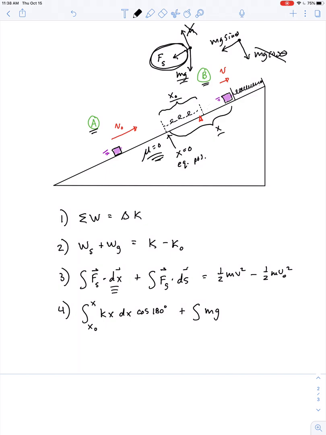So we know that this perpendicular component of the force of gravity does no work in the same way that the normal force is doing no work. So we can consider the work done by gravity as the work done by the component of gravity, mg sine theta. And for what distance now is that force taking place? Well, gravity doesn't begin to engage the moment the block makes contact with the spring.